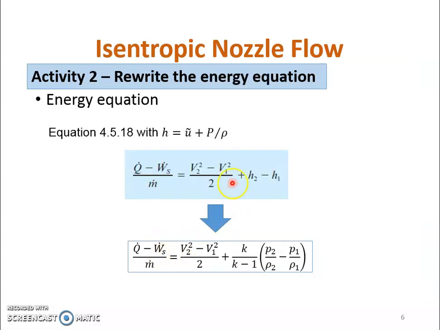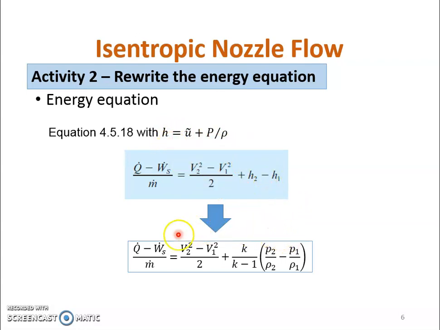Now, from the energy equation. Previously, from equation 4.5.18, we know that the energy is normally expressed in terms of the internal energy and the pressure energy. In this case we neglect the potential energy. We can write the specific internal energy and the pressure, divided by rho, in terms of the specific enthalpy, so we can rewrite this equation.